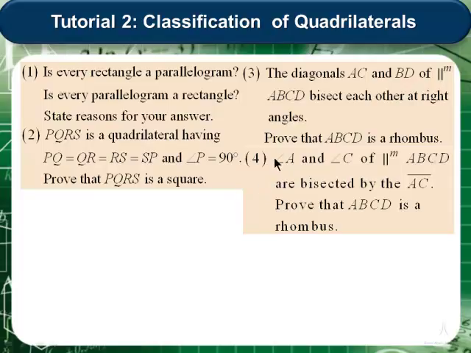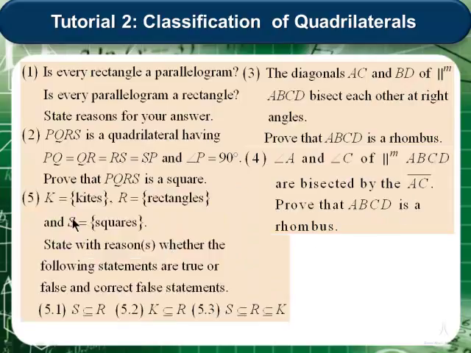The fourth problem: if angles A and C of parallelogram ABCD are bisected by line segment AC, prove that ABCD is a rhombus. And finally, if we assume that K represents the set of kites, R the set of rectangles, and S the set of squares, you must state with reasons whether the following statements are true or false, and also correct false statements.